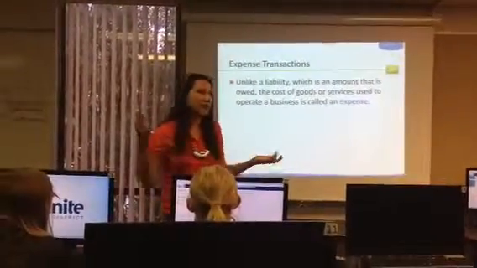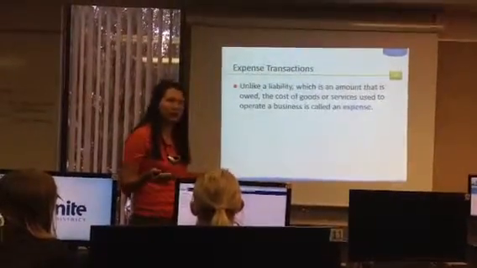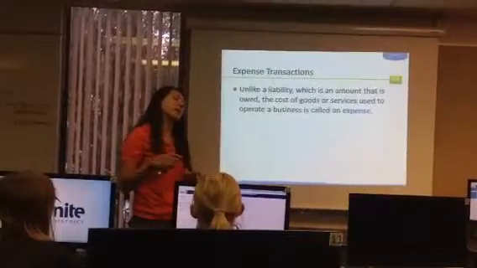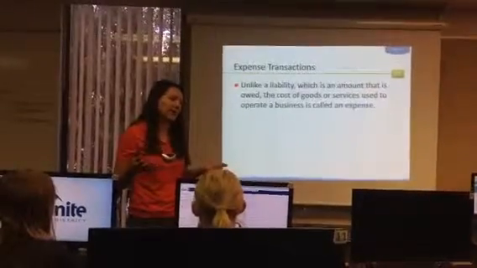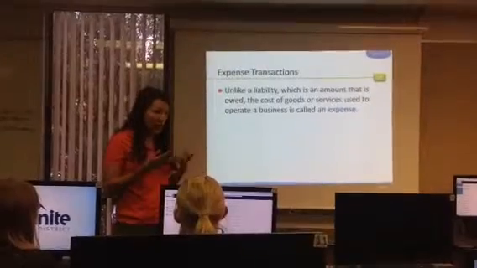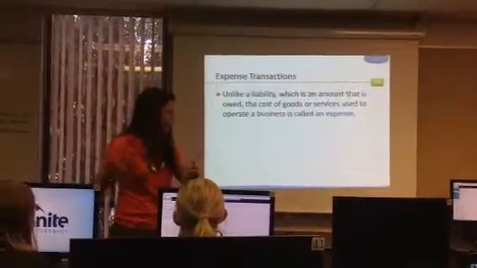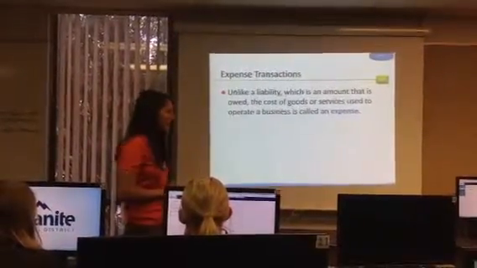There are just some things that have to happen, like maybe a cell phone bill. We don't owe it. It's just something that had to happen in order to operate the business. It's going to go away from our capital account under owner's equity. It's called an expense.